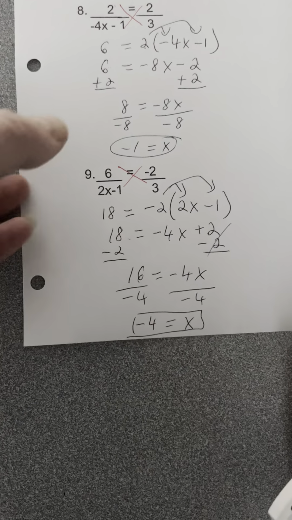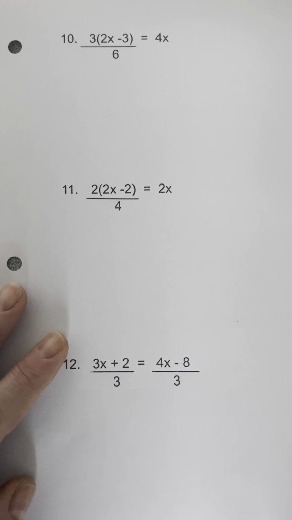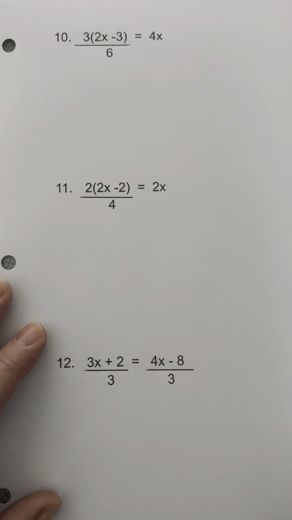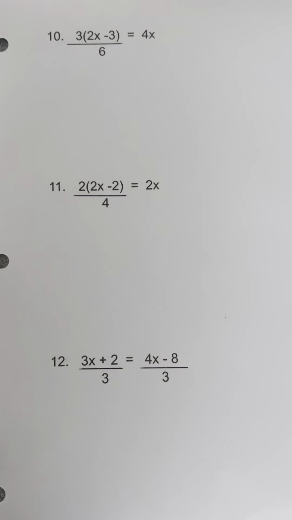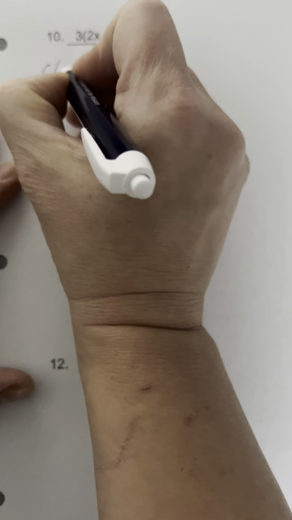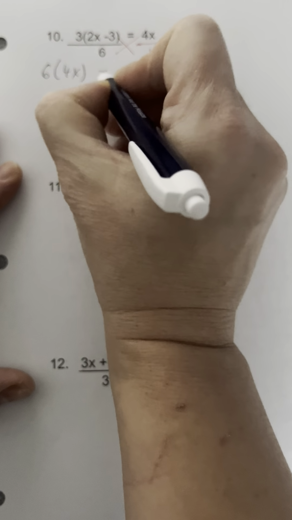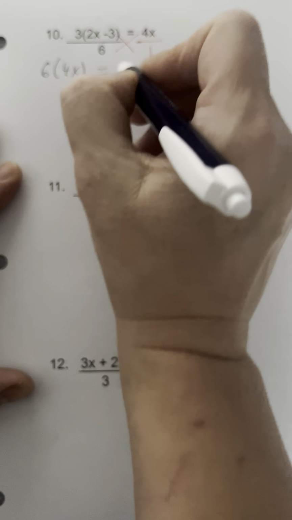Let's go to number 10. All right, this one looks difficult, but it really isn't. So again, let's put a 1 underneath, make life easier, and we're going to cross multiply again. We're going to put a couple steps on this one. So 6 times 4x equals, and 1 times this whole term is just the whole term.